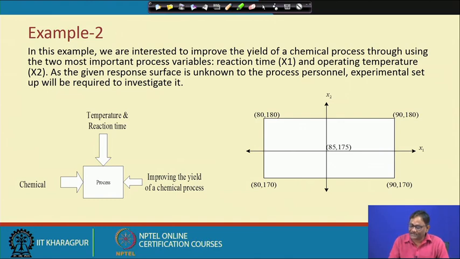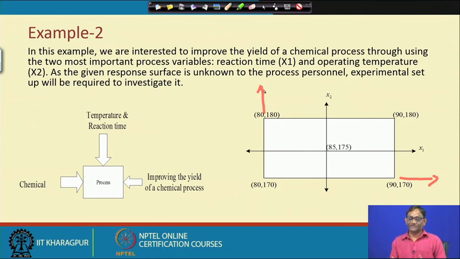In the right hand side we have shown that this axis is x1, which is reaction time, and this is x2, which is operating temperature, with reaction time from 80 minutes to 90 minutes, and operating temperature from 170 degrees Fahrenheit to 180 degrees Fahrenheit.